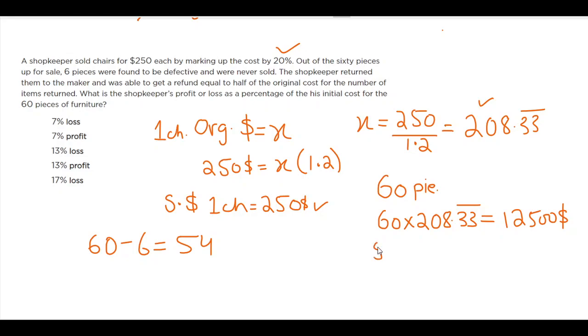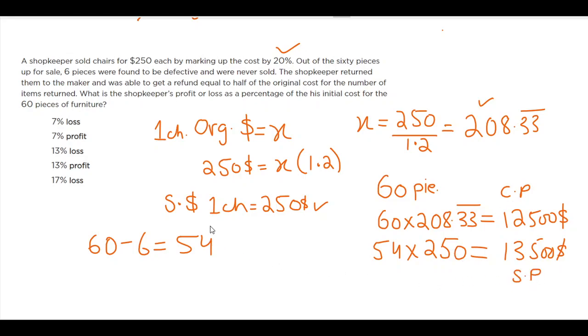The total selling price is going to be 54 times the rate at which one share was sold, which is 250. And 250 times 54 is $13,500. So this is the cost price, and this is the selling price.